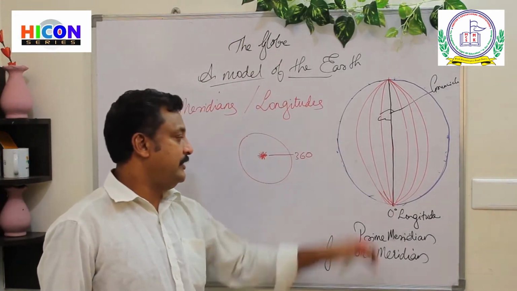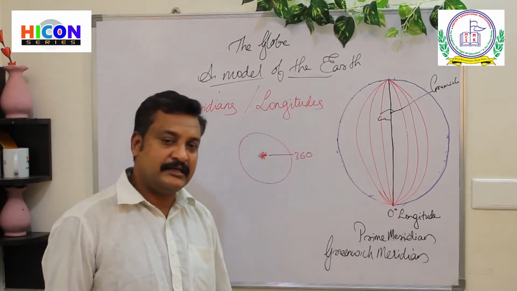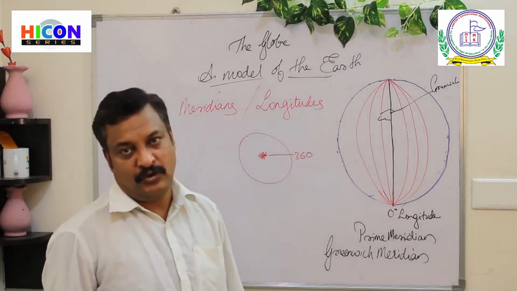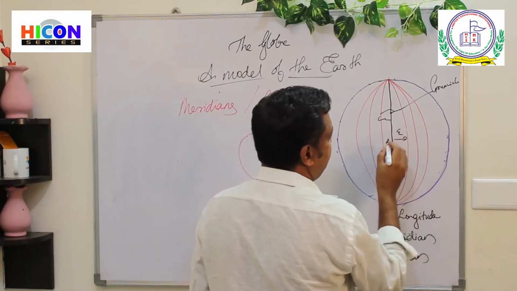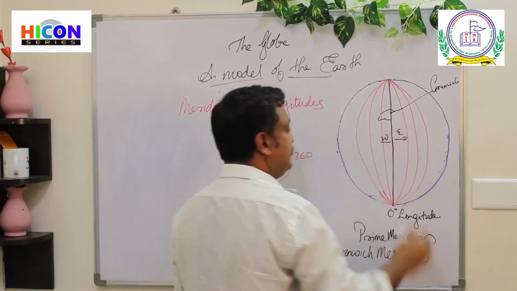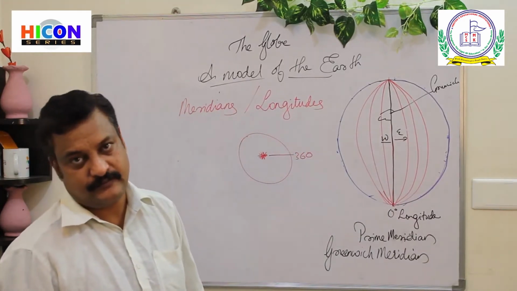Okay, so that is why this is known as the Greenwich meridian or the 0 meridian. And from here, this is considered the eastern part, and this is considered the western part.